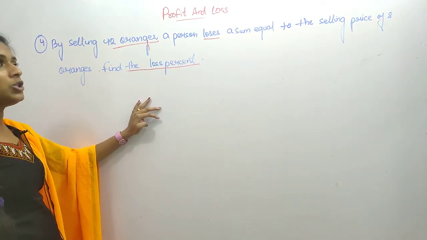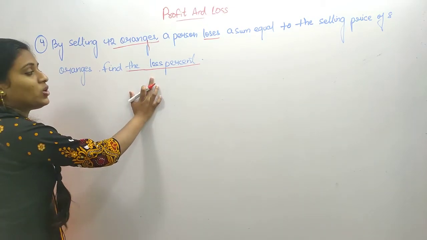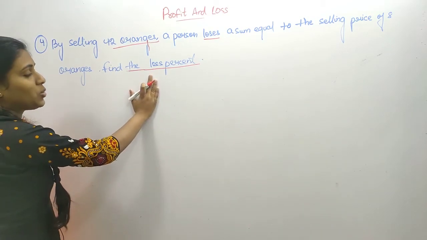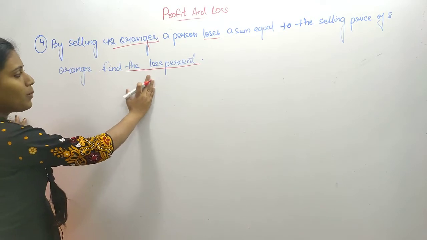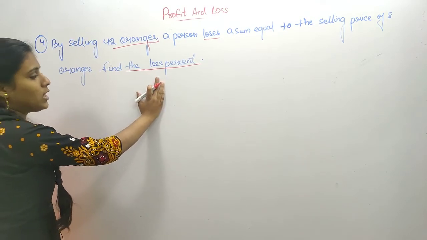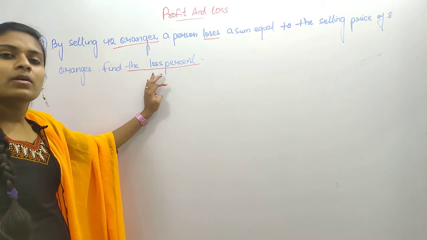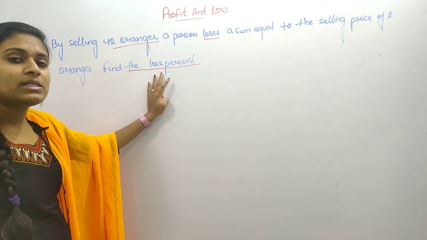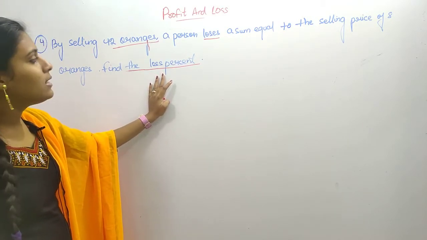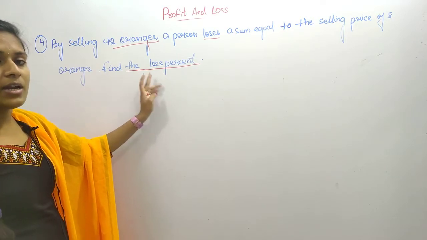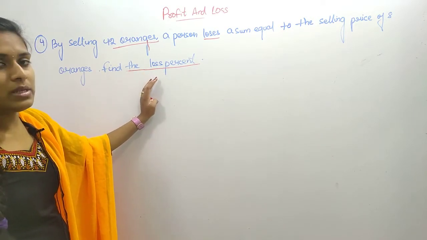Before going to the question, it is directly given what the problem asks you to find out. You have to find out the loss percent. When it is given directly, you must get an idea in your mind of what formulas are used to solve these questions.